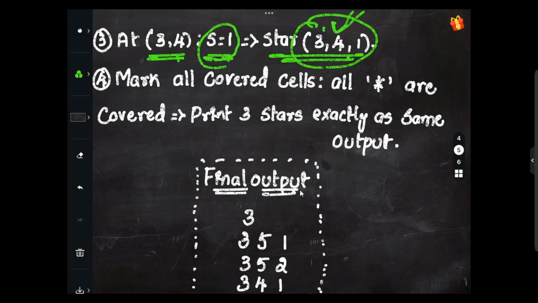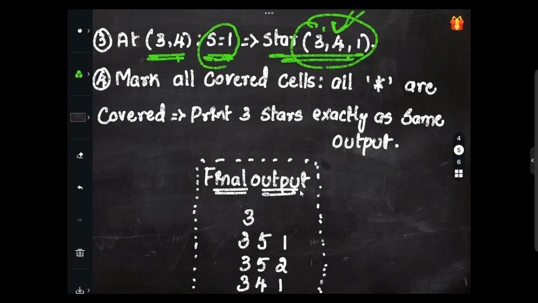Accordingly, with the criteria mentioned in the question, we will mark all the covered cells, meaning all the stars are covered. We will print 3 stars, exactly the same as the output. What we do is mark all the covered cells first. Here all the stars are covered.